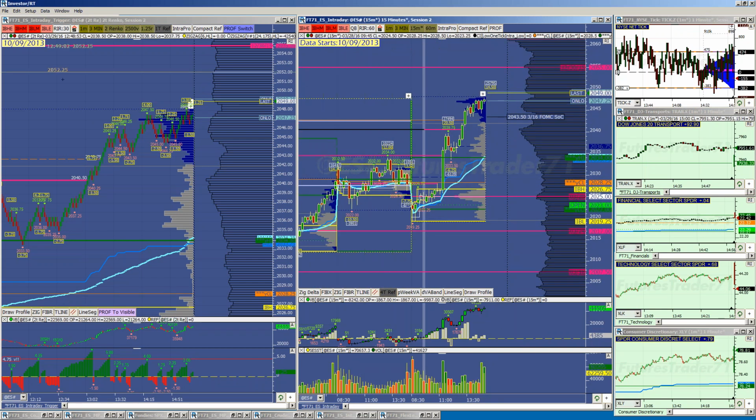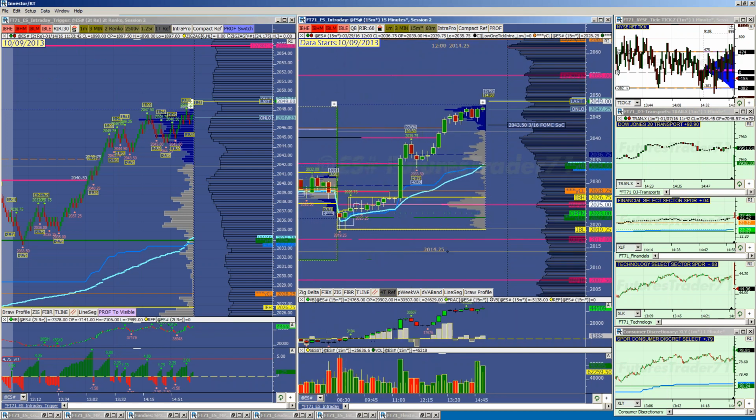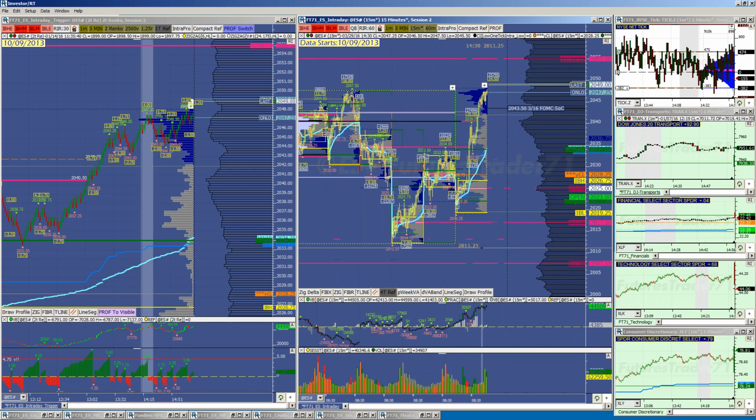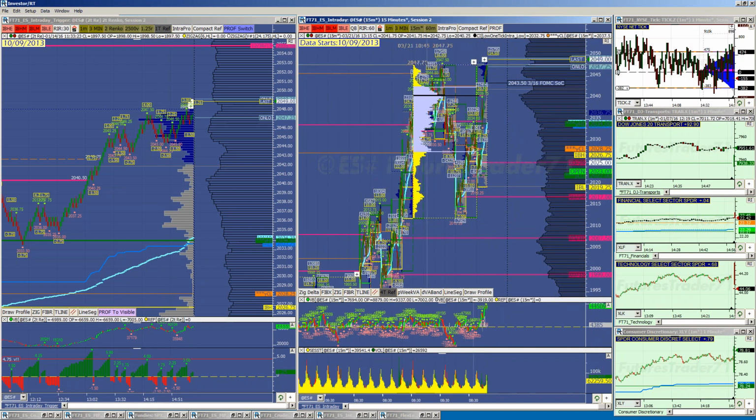But I really don't like time because time is irrelevant except for when the market opens, when the market closes, and when economic figures come out. Otherwise, time is irrelevant to the auction. And so I don't pay attention to time too much. I'm paying more attention to what the volume is doing over time and where the market's trading relative to the most recent volume.